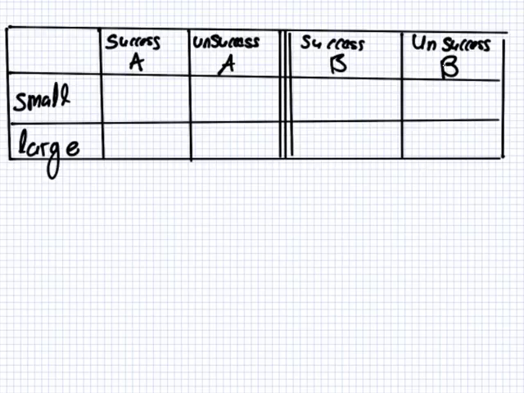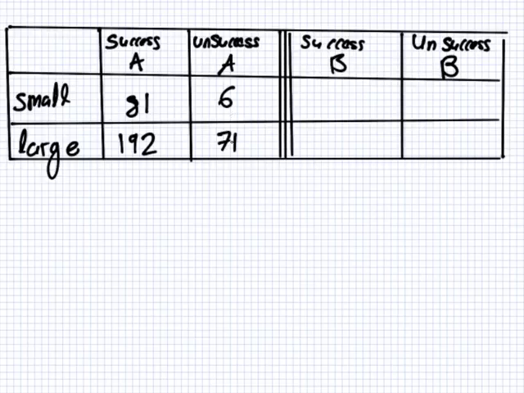So I would say here that the people that had small kidney stones, 81 of them were successfully treated with treatment A, but 6 of them were unsuccessfully treated with treatment A. Large kidney stones, 192 of them were successfully treated with treatment A, and 71 were unsuccessfully treated with treatment A.